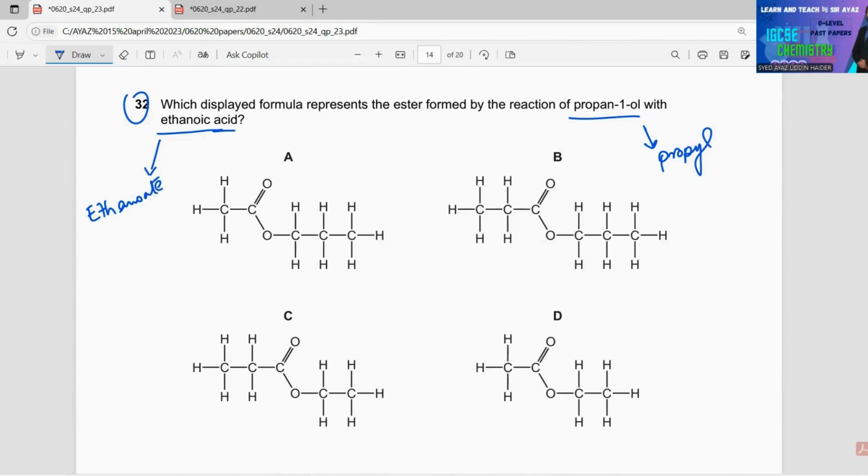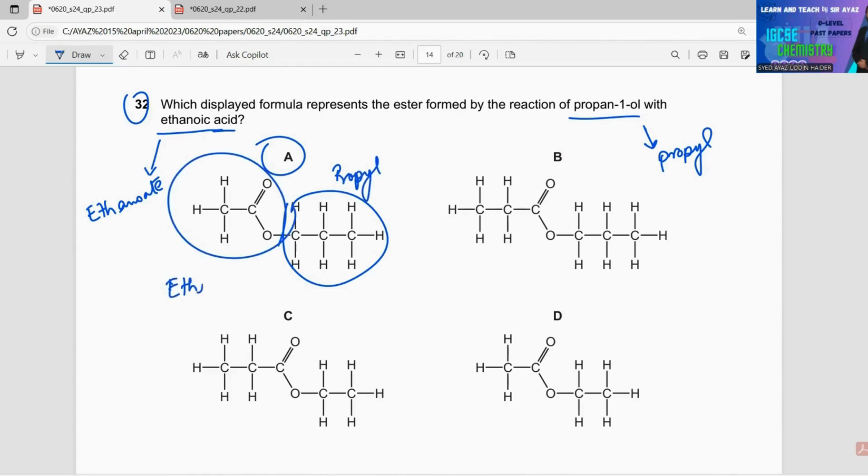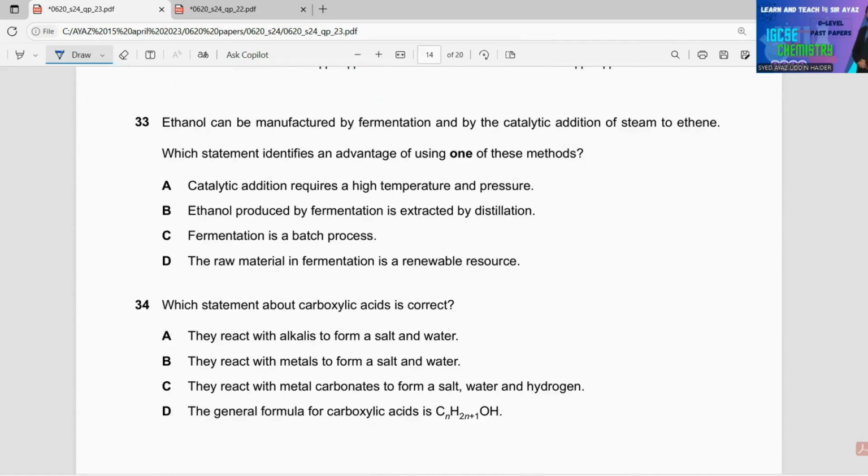So it must be propyl ethanoate. So A must be the right structure, because this one is the propyl and this one is the ethanoate. So propyl ethanoate. A is the right answer.